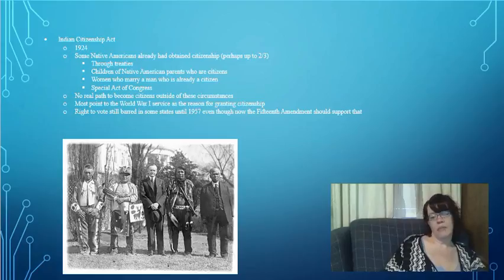And the other problem is the right to vote is still barred in some states until 1957, even though the 15th Amendment should guarantee them, if they're citizens, the right to vote. We still see states barring this federal national right to citizenship and right to vote.